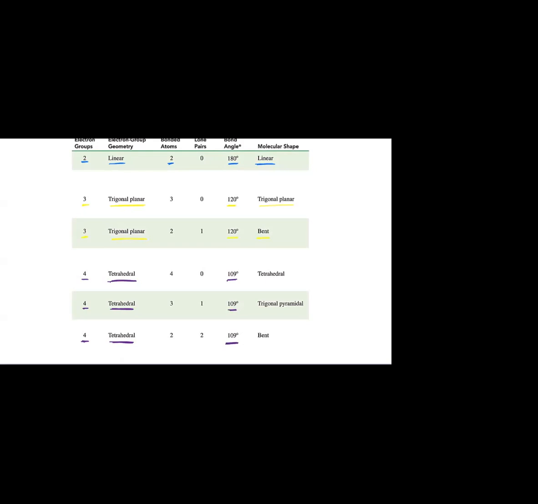For students that have taken other chemistry courses, understand that it is true: if your central atom has 1 or more lone pairs, that actually changes the angle. But in this class, I'm just going to simplify the concept and say anything that is tetrahedral, my angle is going to be 109.